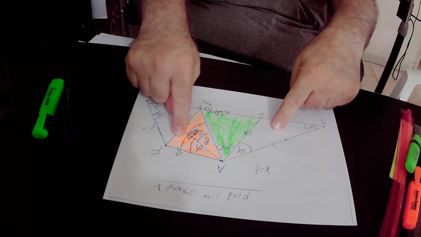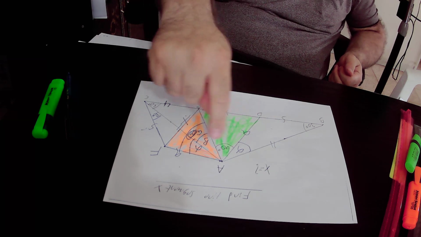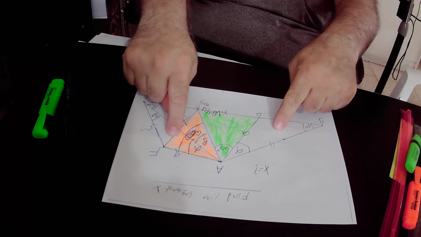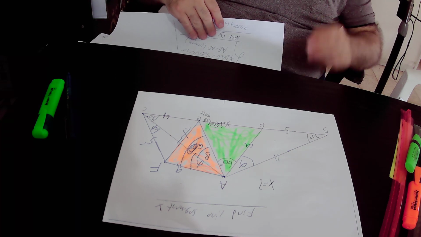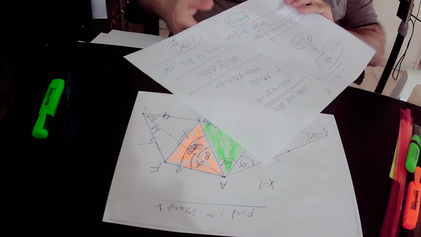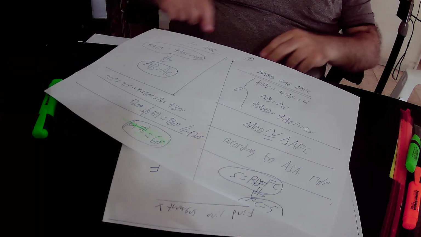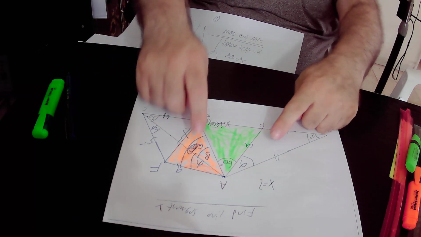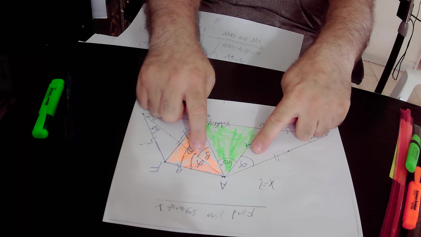Why are those two triangles congruent? That is to say, triangle ADB and triangle AFC. First of all, here we have those two angles that are both equal to alpha, therefore they are equal to each other.